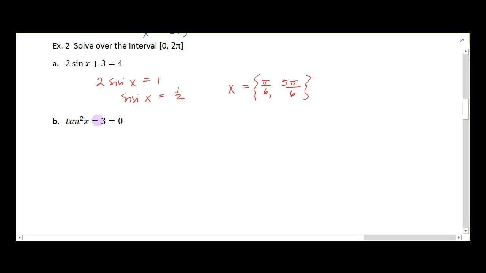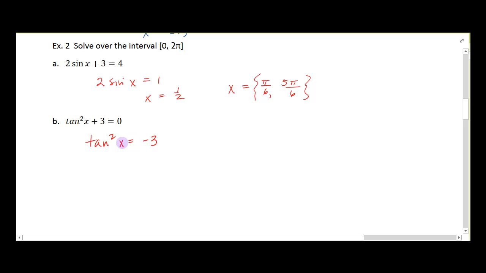And finally, we have this equation here. Let me change that. Okay, so the equation should read tan squared x plus 3, and I am trying to get tan x by itself. So I'm going to subtract 3 from the right-hand side, and I find out that tan squared x is equal to -3.